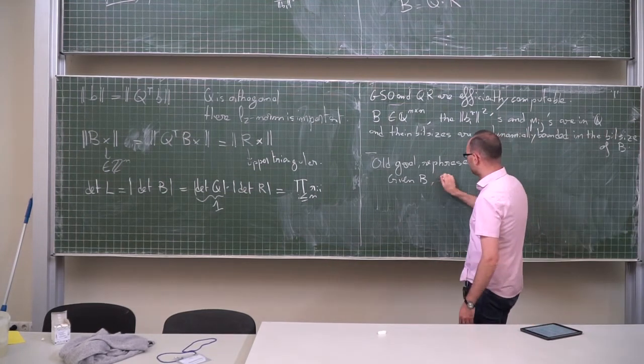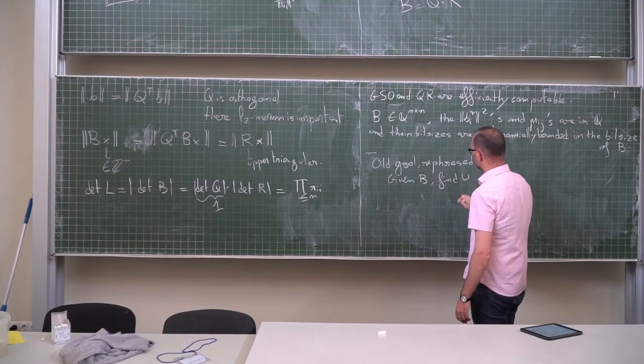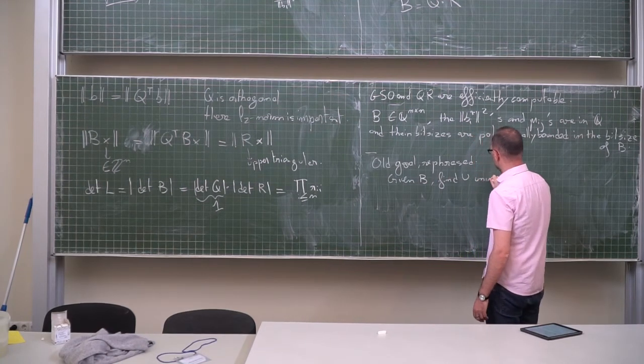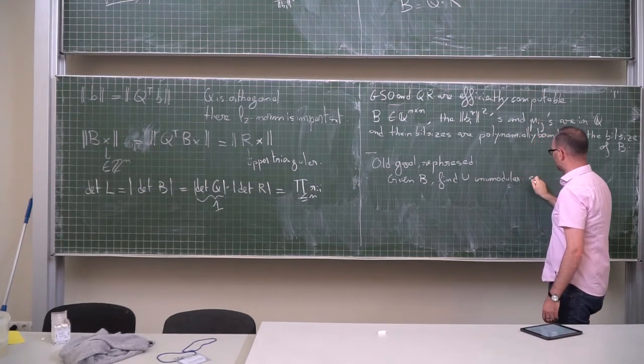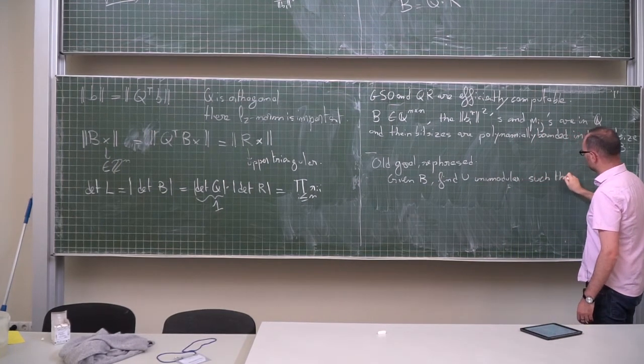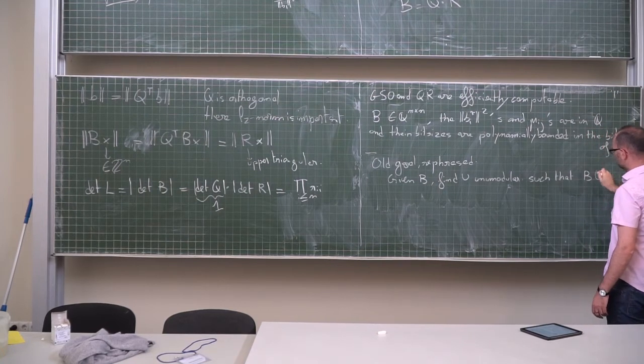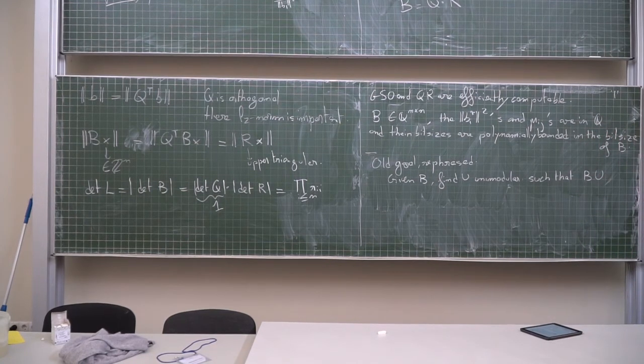So given B, find U unimodular such that BU is made of short columns. In short, I will say it's small. So I want to take a basis, and I want to compute another basis, which is made of small vectors. That would be my goal.